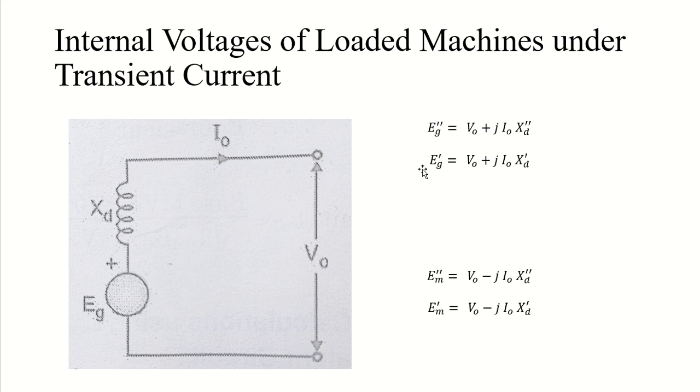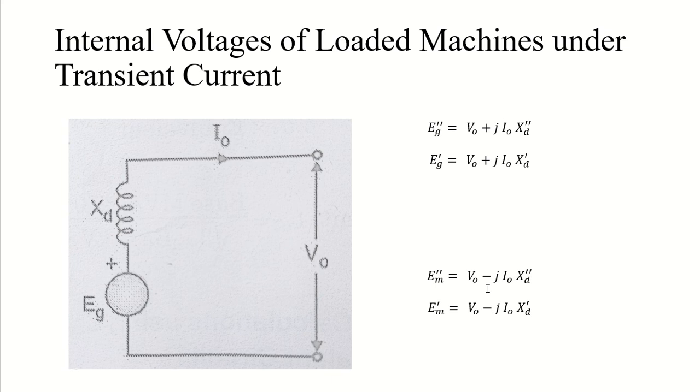There will be a small change because in a synchronous motor the induced EMF and reactances are similar to the generator, but because the current is flowing in the reverse direction, this sign, which was plus in the case of generator, will be minus sign, right? So for the case of motor, your EM double dash will be V0 minus J I0 XD double dash.